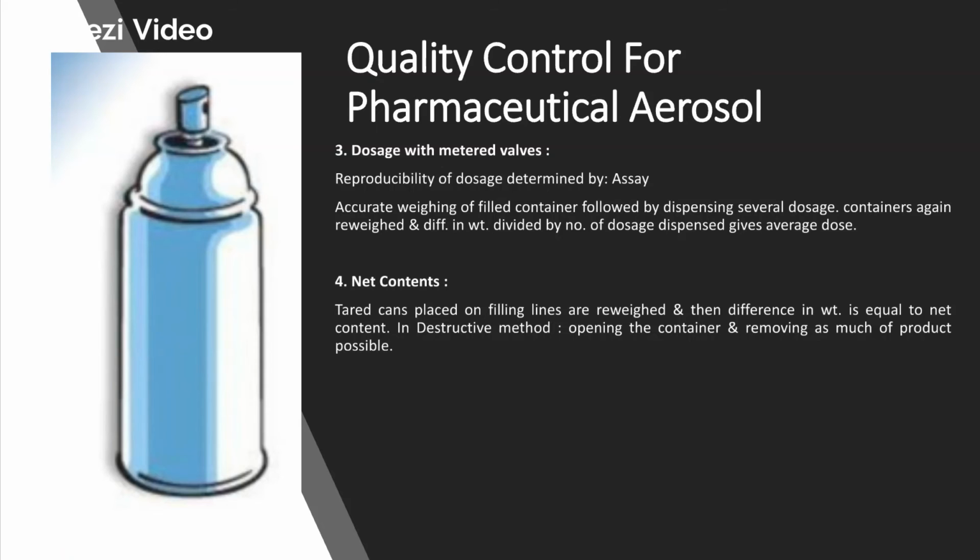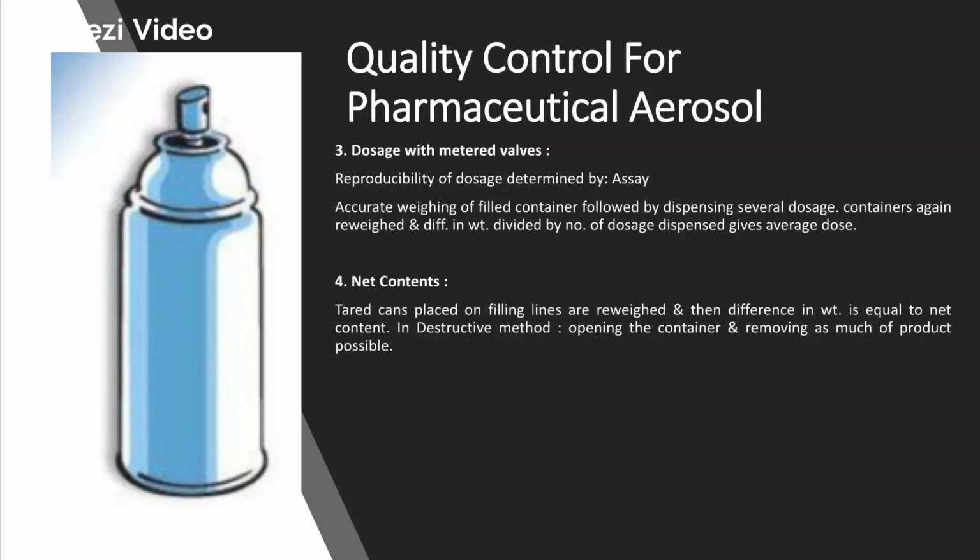For that, you need to perform the assay, and you need to understand that each unit is dispensing the same amount, and the system should work well so that the patient using it can tell how much of the dose has been dispensed and how much is remaining. This will help in the proper working of the aerosol.